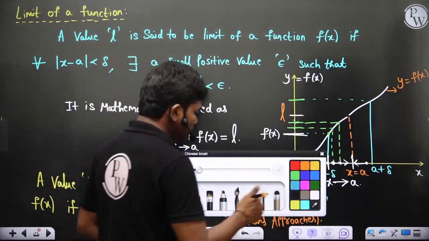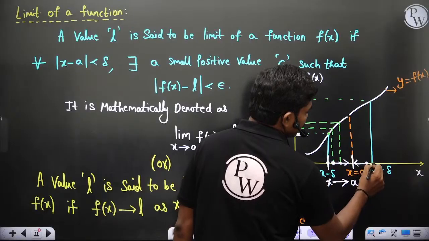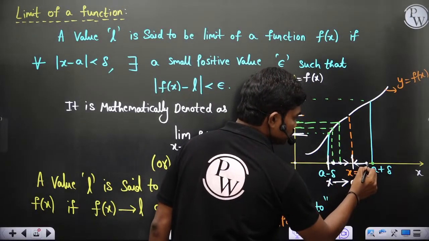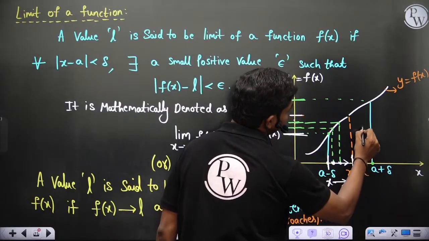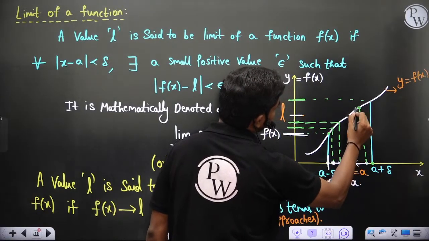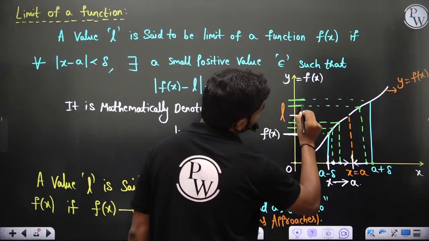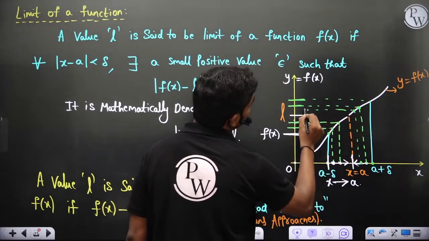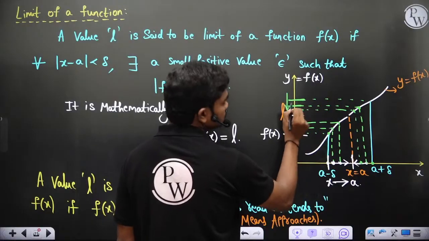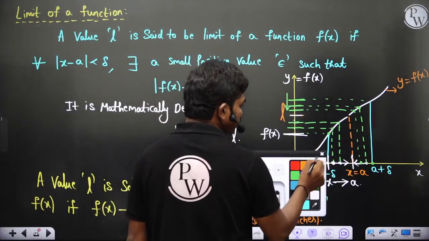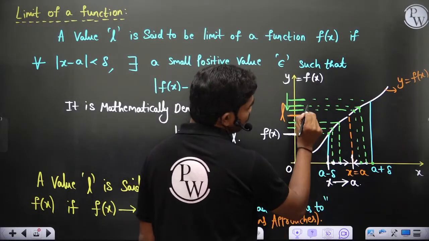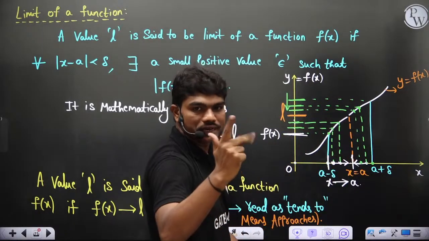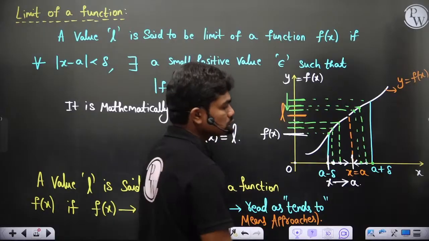Now let's see here also, if you look at this point, initially you have the functional value here. Now when you start moving, let's say from here you came here, then when you slightly march, ultimately the functional value is this. Similarly, if you come much closer towards a, you will observe this moves again towards L. So that's why this L is said to be the limit of this function, because at this point x equal to a, limit, continuity, differentiability are all defined at a particular point.